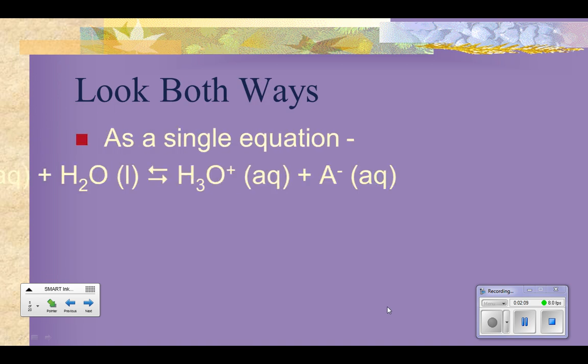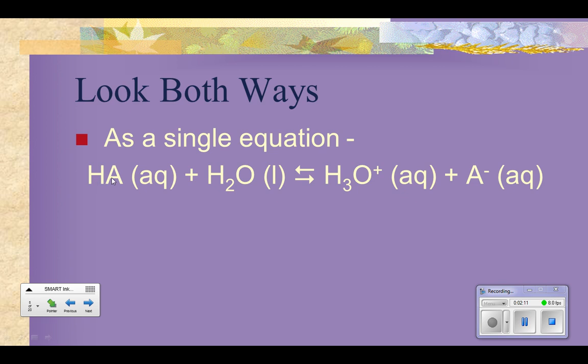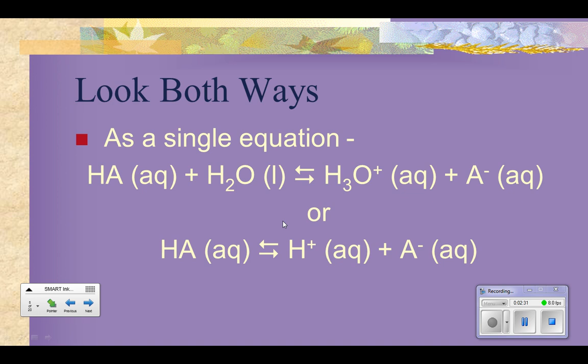Okay, so if we rewrite this as a single equation, I started with the acid and the water. Here's the hydronium ion, and then this negative A anion. And notice I've put a double arrow here indicating that this reaction is reversible. It can go in either direction, and we're going to talk a little more on another video about how to know which direction it's going to go.